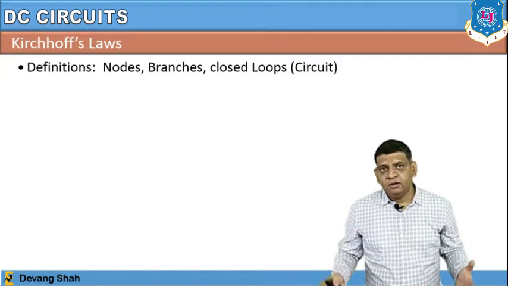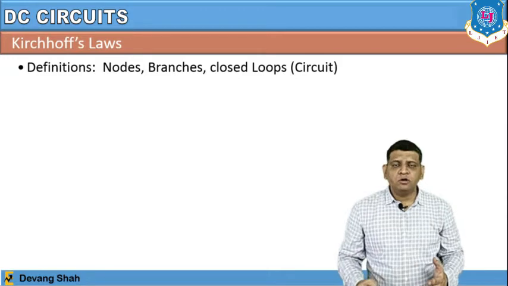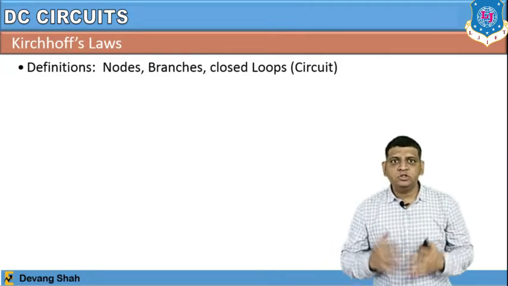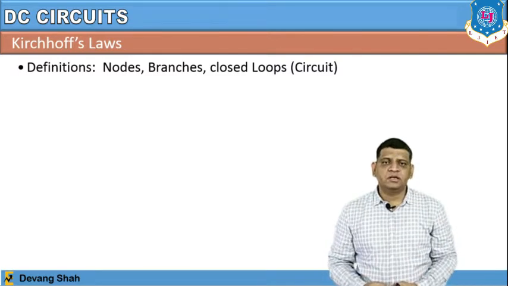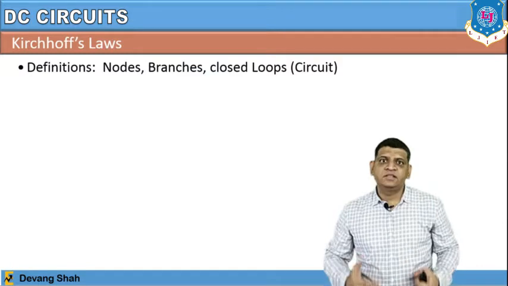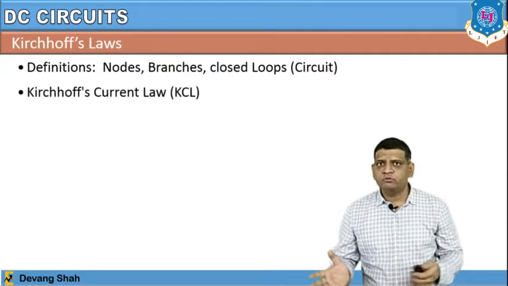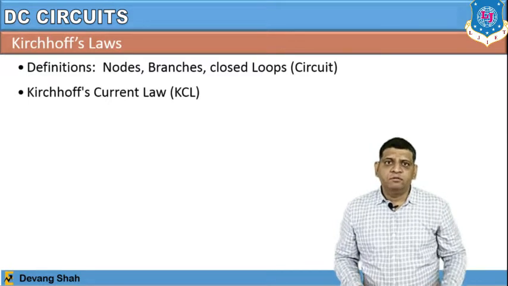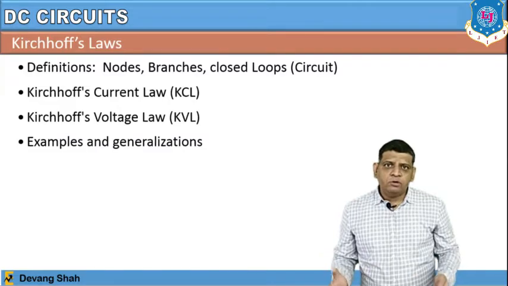Now we revisit the importance of resistance as a part of circuit design, and understand the terminology of circuit design. We'll start with one part of the circuit called nodes, another part called the branch, and third, the circuit itself. After that we are going to learn about Kirchhoff current law, then Kirchhoff voltage law, and examples or generalization.